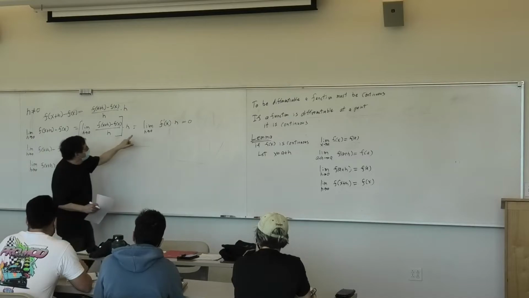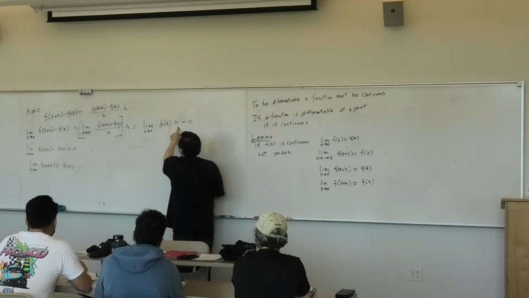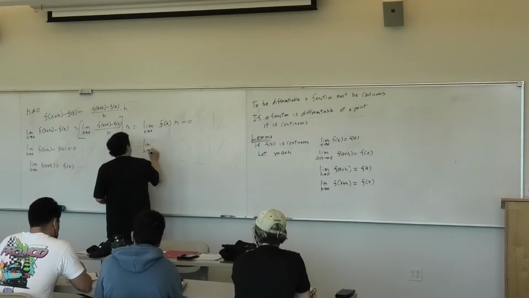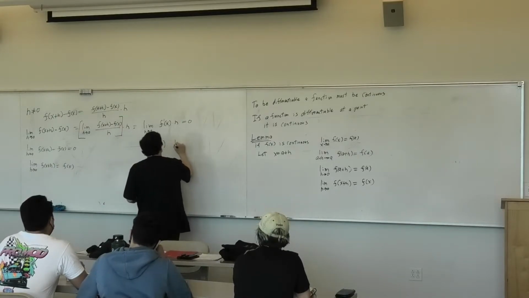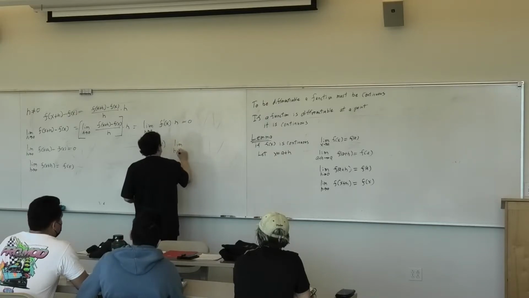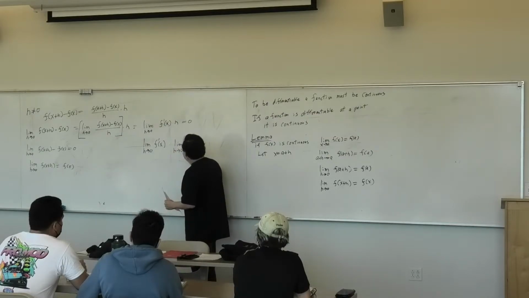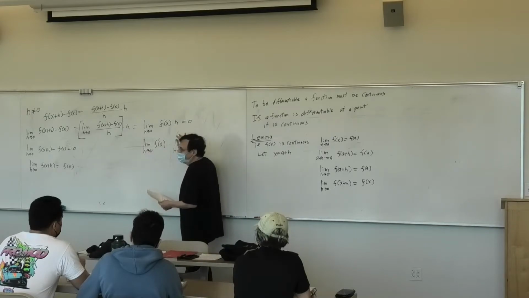So I've got the limit as h approaches 0 of the derivative times h. But the limit as h approaches 0 of h is 0, so the product of these two is 0.